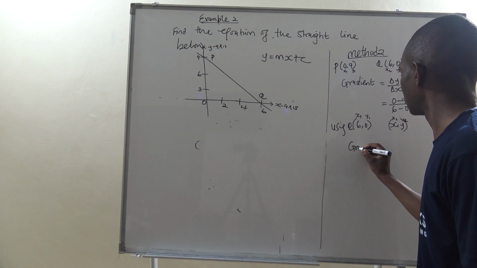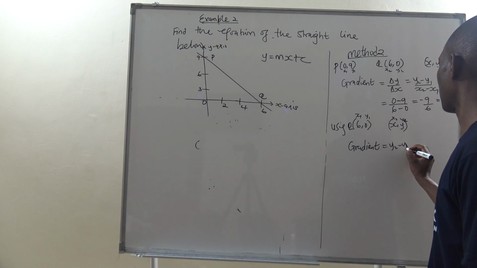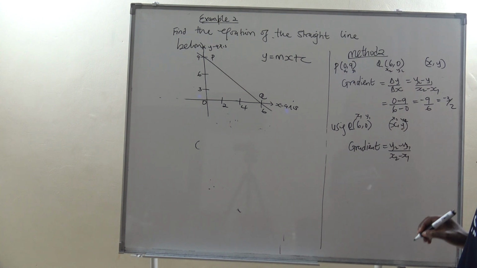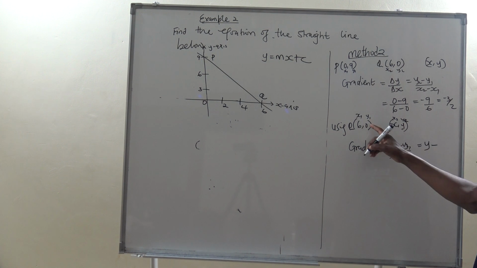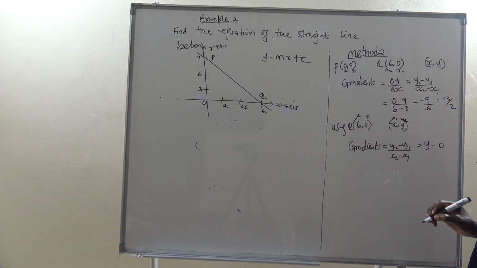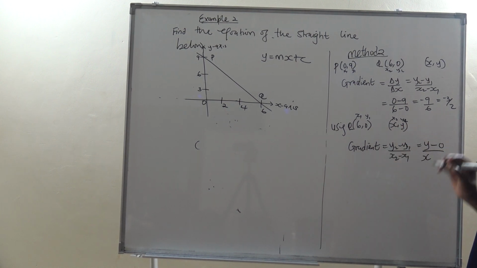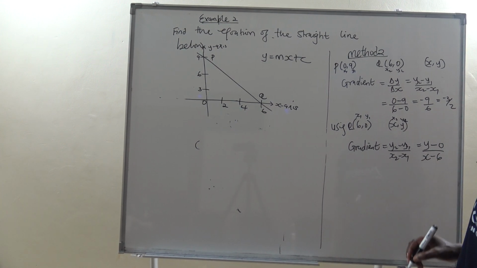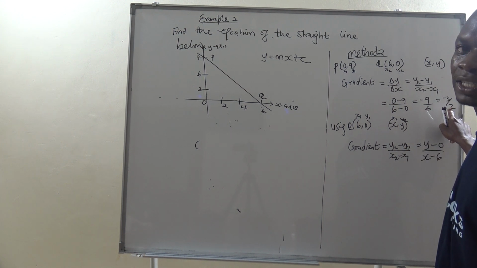We know that gradient equals y2 minus y1 all over x2 minus x1. y2 is y. y1 is 0. x2 is x. x1 is positive 6, so it is x minus 6. So, we have already got the gradient as negative 3 over 2.